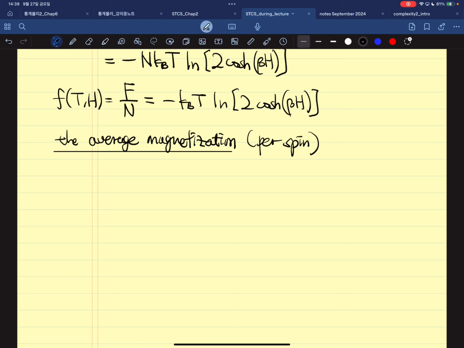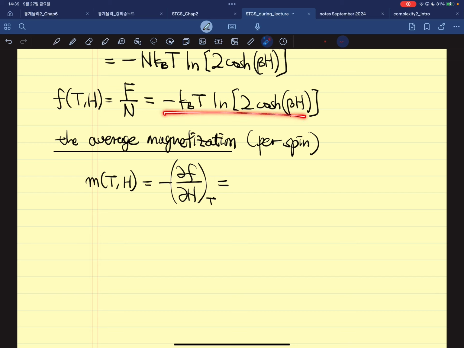So this average magnetization, as the table in the textbook suggests, we can just take a derivative of this free energy term. And luckily, this function is not quite simple, but when it comes to taking the derivative with respect to h, the only h in this function is here.